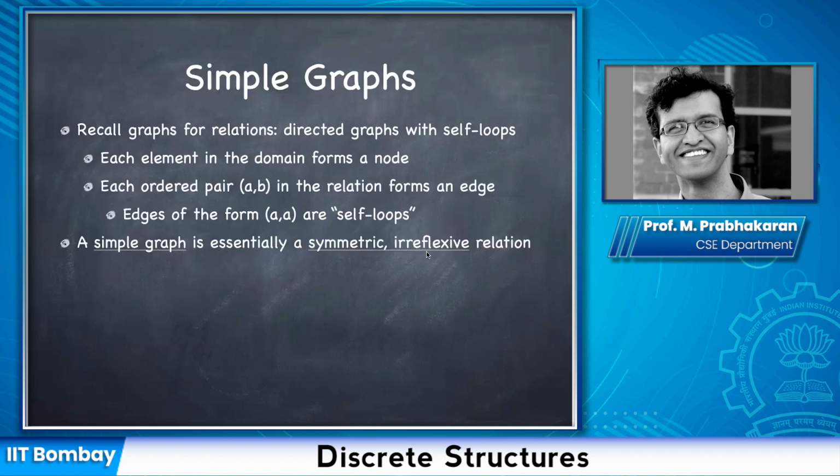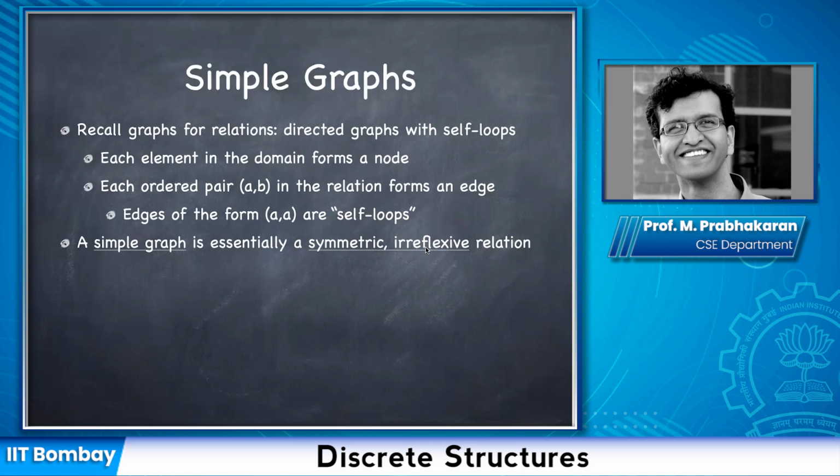Also, earlier we allowed self loops, in the sense that an element could be related to itself. In a simple graph, we do not allow these two things. So if you were to write the relation corresponding to a simple graph, the relation being A is related to B if there is an edge between A and B, that would be a symmetric relation.